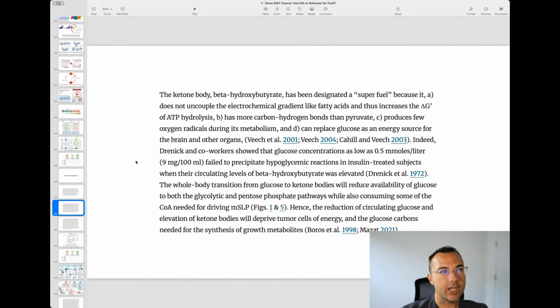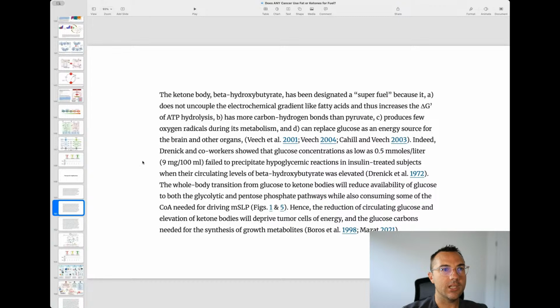The ketone body beta-hydroxybutyrate has been designated a superfuel because it, A, does not uncouple the mitochondrial electrochemical gradient like fatty acids, and thus increases delta G of ATP hydrolysis. B, has more carbon-hydrogen bonds than pyruvate. C, produces fewer oxygen radicals during its metabolism.